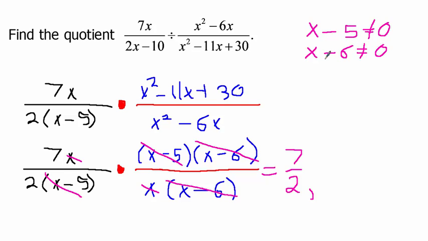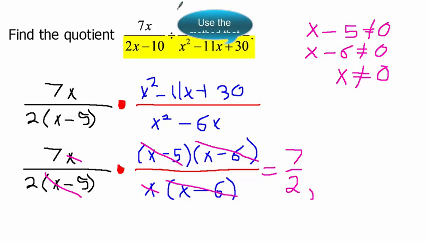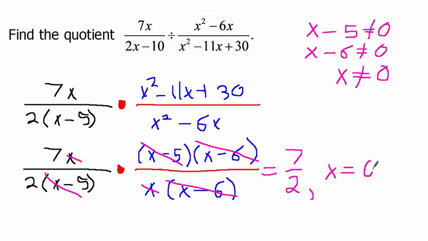And then when we switched, we also have this x here not equal to 0. So everything that was originally in the denominator and everything that changes into the denominator, so all of the factors of all of these three spots cannot equal 0. So in the end, x cannot equal 0, 5, or 6.